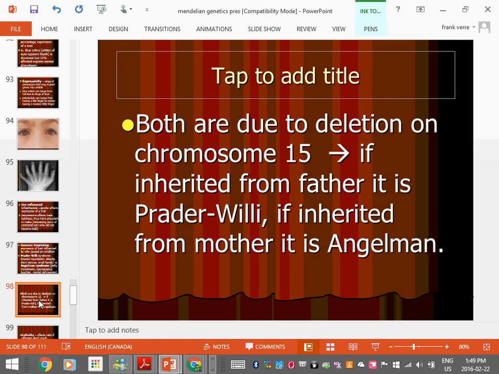If it comes from your father, it's one. If it comes from your mother, it's something else. That's called genomic imprinting. In this case, it makes a difference who gives it to you. Again, on your test, you don't have to worry about calculating that stuff. Just know what it is to define it. Be aware of it.